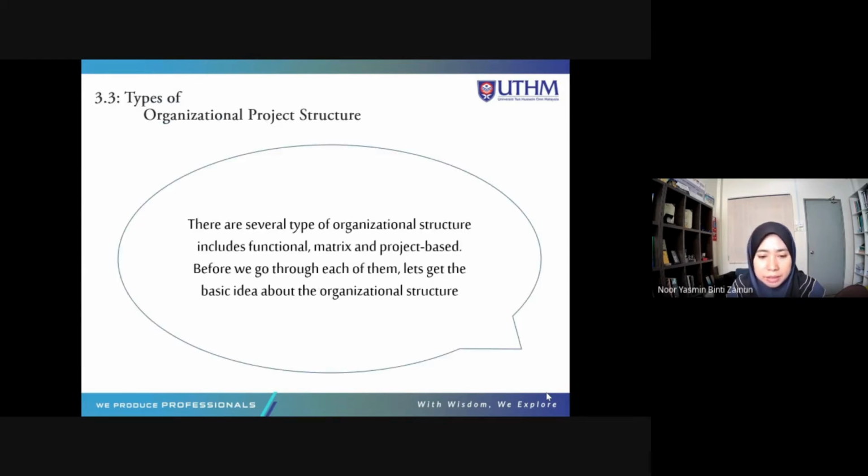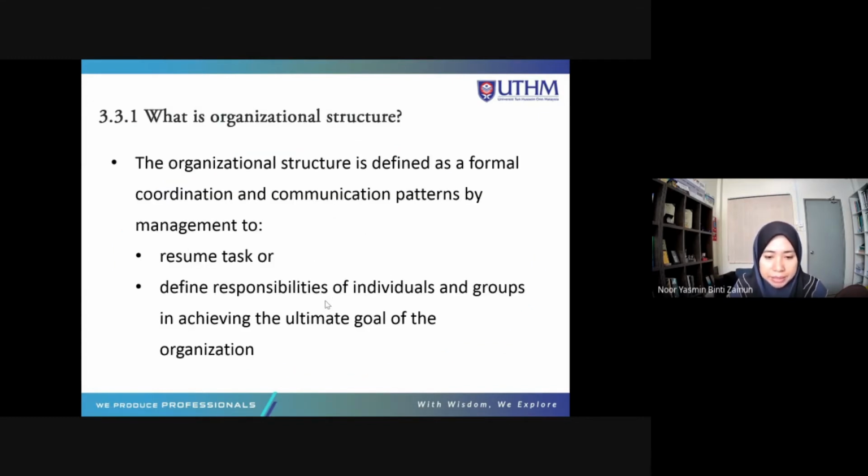All right. The types of organization that I mentioned before are three: functional, matrix, and project-based. Before we start, what is the basis of organizational structure? Organizational structure is defined as the formal coordinating and communication patterns by management to assign tasks or define responsibilities of individuals in the group.